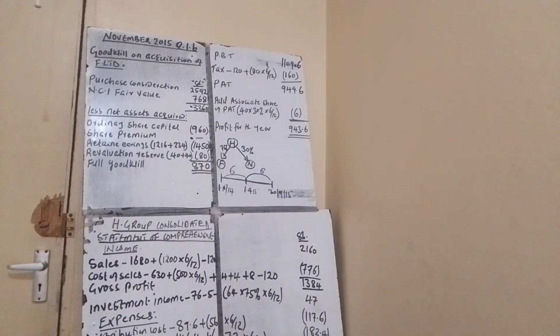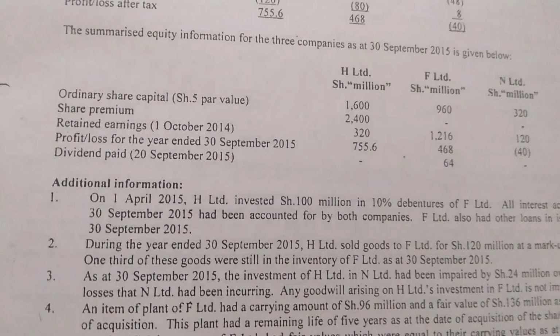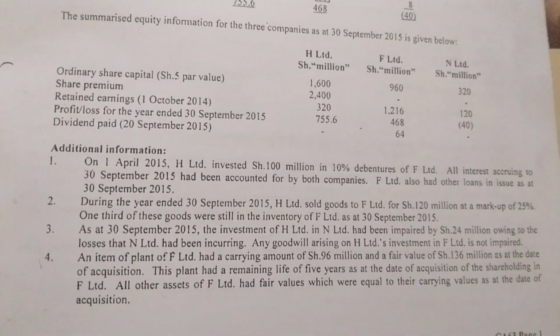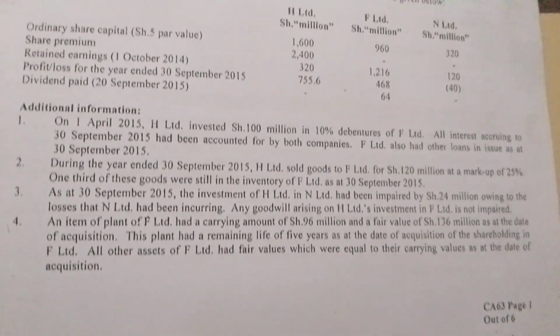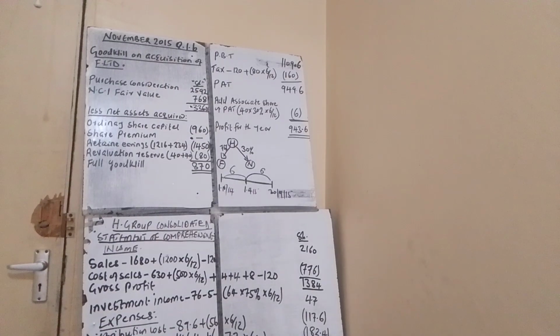So simply, what is happening here is that the parent has invested in the debentures of the subsidiary. So simply, you cannot invest in yourself. You cannot invest in yourself.